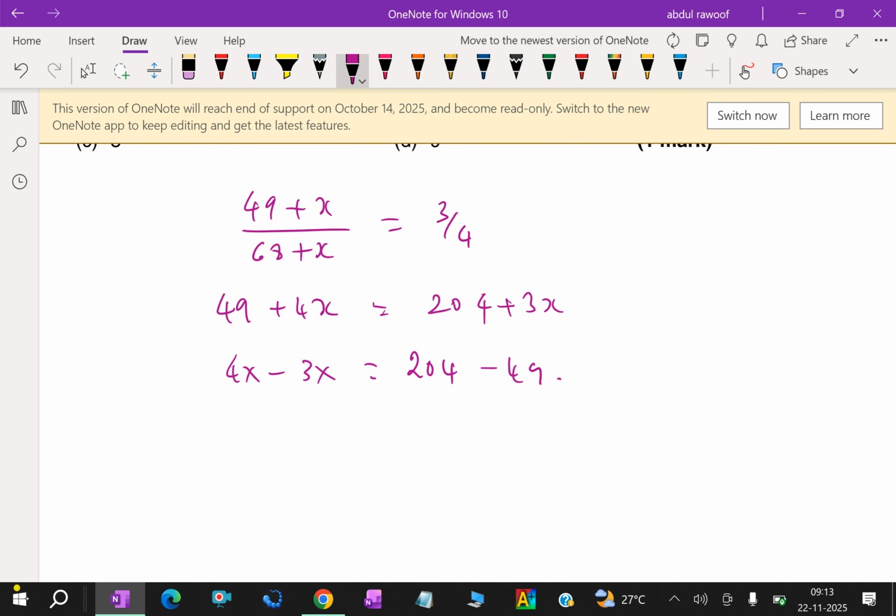We have a mistake here, sorry. 4 into 49 is 196: 3 4 9s are 36, 3 carries, 3 4 4s are 16, 196.